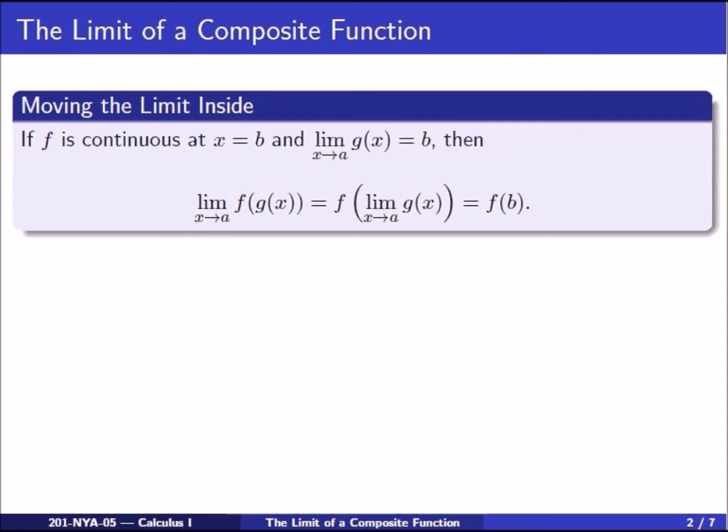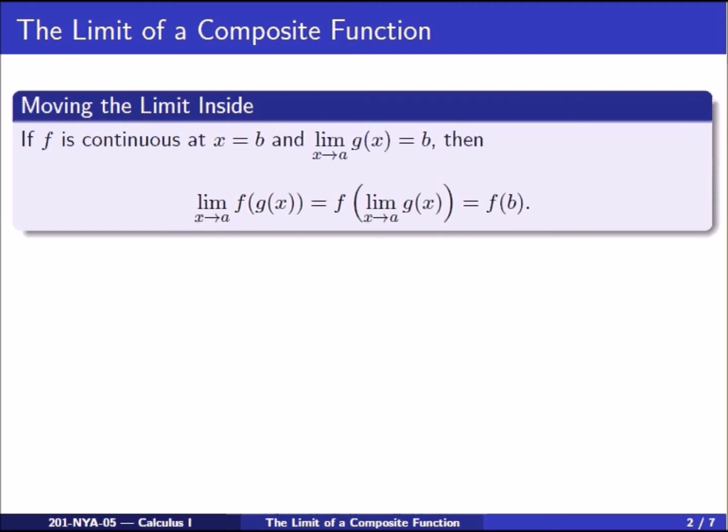So we saw in the textbook that there's a theorem that allows us to evaluate limits of composite functions, in the specific case where a function f is continuous at x equals b and the limit of g of x as x approaches a equals b.